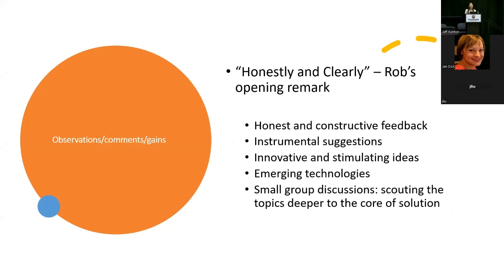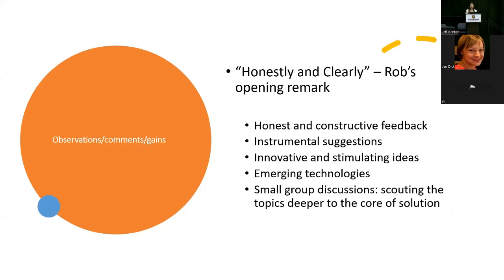At the beginning of the workshop, I think Rob set the tone for this workshop. He used two words, honestly and clearly. I like it. I went to him and said, I like it. I would actually add a few more words: openness, transparency, clarity. Okay. I heard honest and constructive feedback.